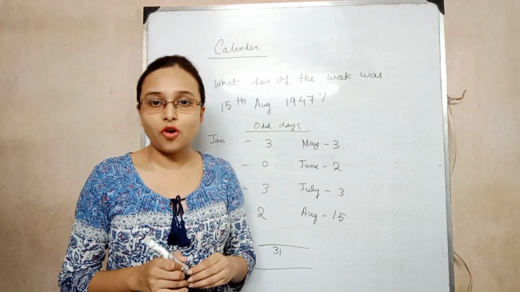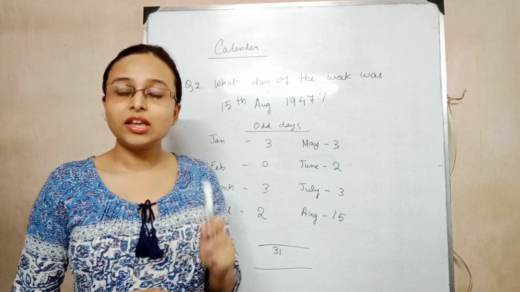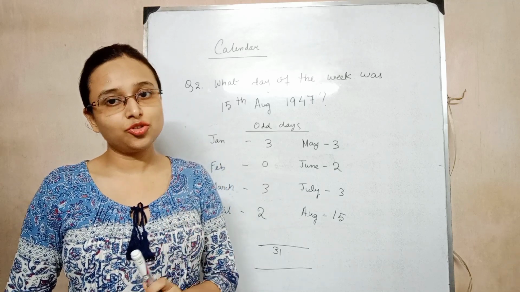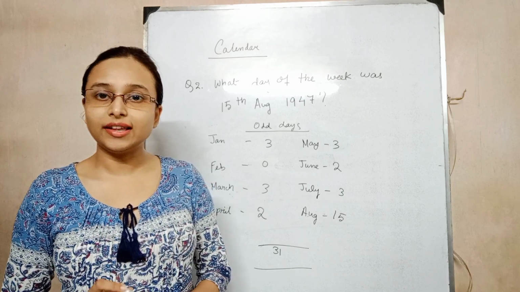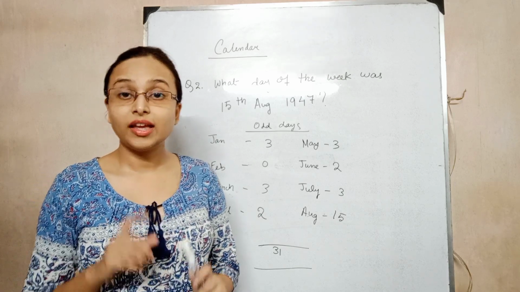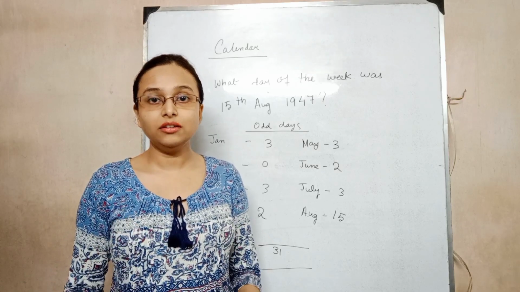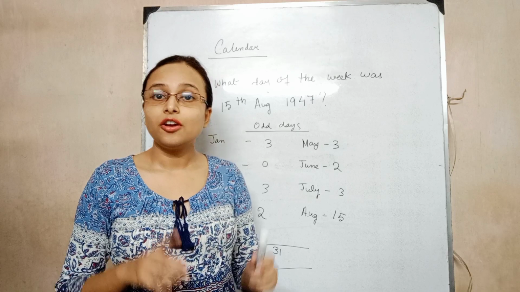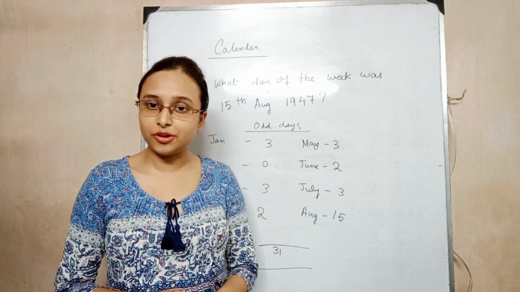The total number of odd days is 31, which when divided by 7 gives the remainder as 3. Right? So this is all that we have got in this fourth section. Now, the total number of odd days in the year 1947 from 1st January to 15th August is 3.